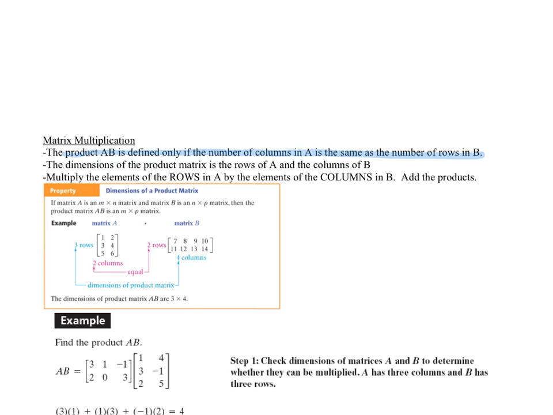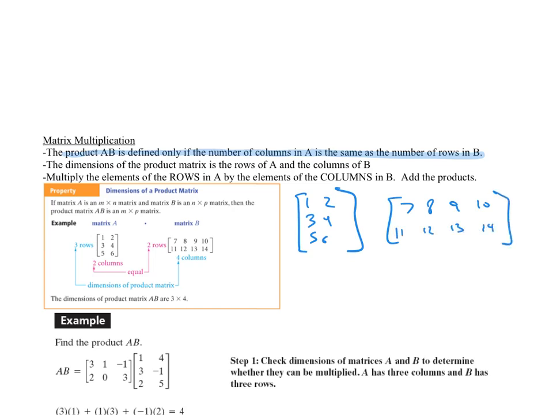So if I'm going to rewrite these two matrices, this one is 1, 2, 3, 4, 5, 6. And this one is 7, 8, 9, 10, 11, 12, 13, 14.